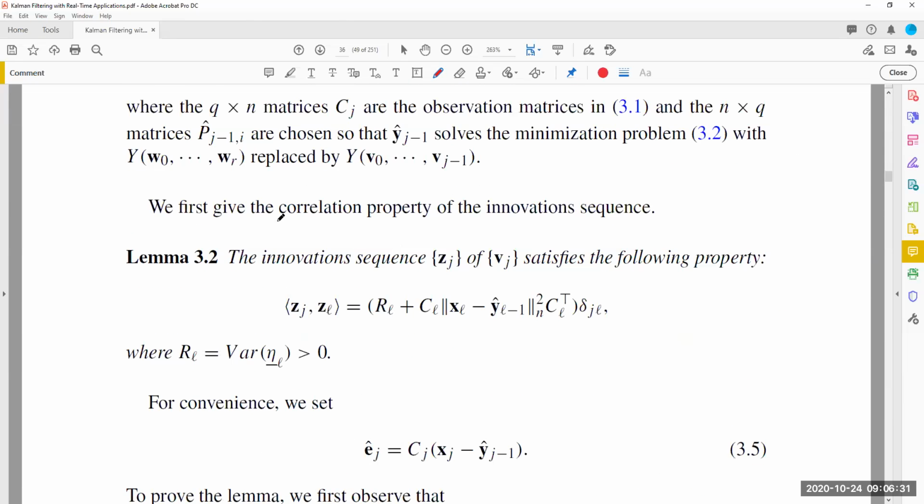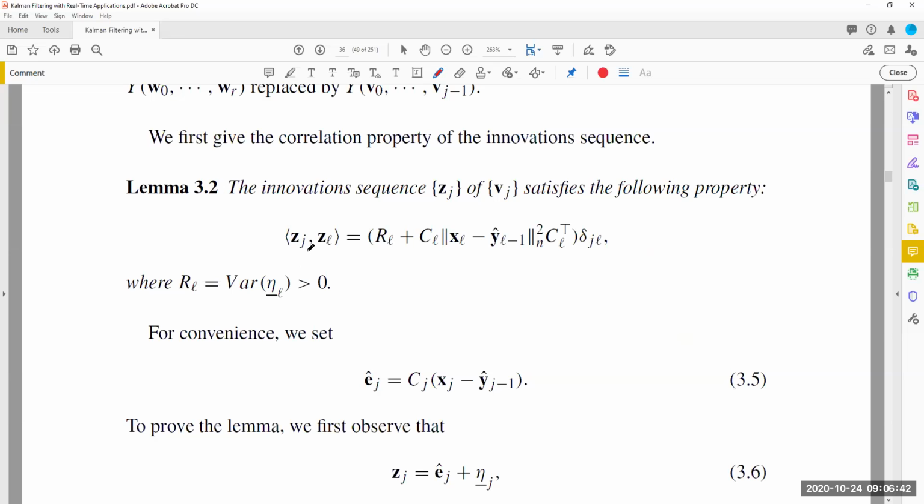Now we have the correlation properties of the innovation sequence. The innovation sequence Zj of Vj satisfies the following property. If j is not the same as l, then the covariance between Zj and Zl is 0. That means Zj and Zl are uncorrelated.